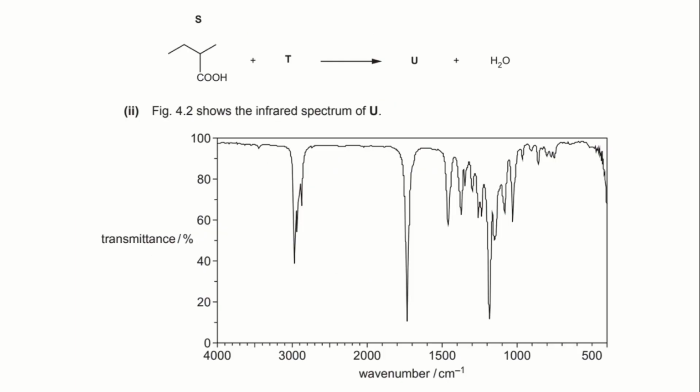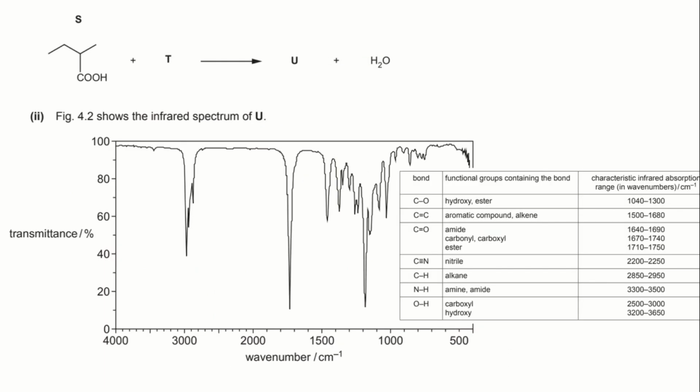In part 2, we are given the infrared spectrum of U. For easier comparison, I put the table of the absorptions here. Three main peaks. This one on the left, slightly less than 3,000, around 2,900. So it belongs to the CH bond.